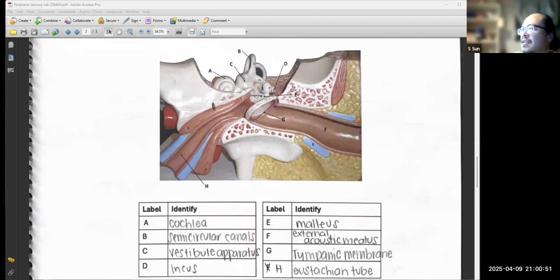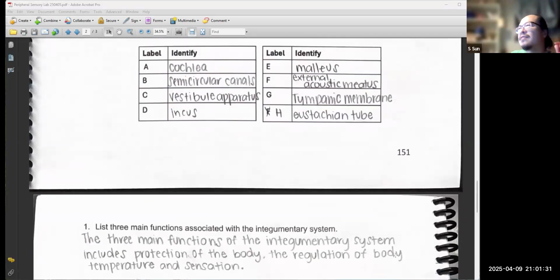D is the incus. And then F right here is the external acoustic canal. And then G is the tympanic membrane. And then H is the Eustachian tube. So that's that.